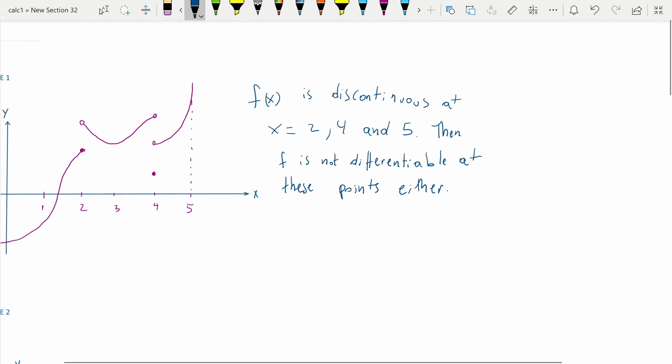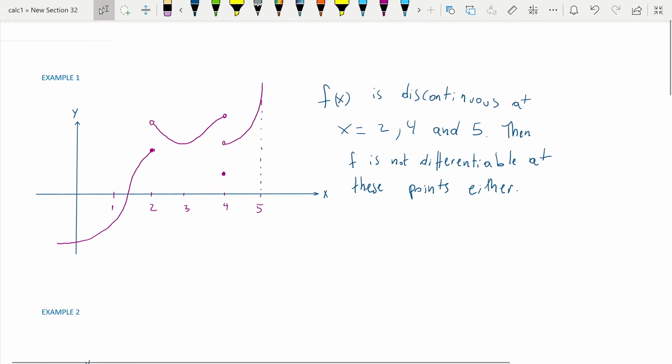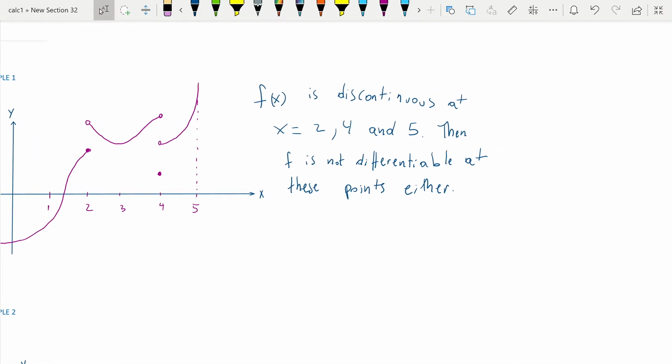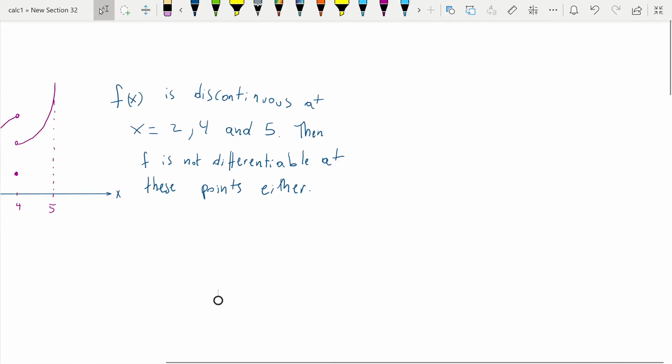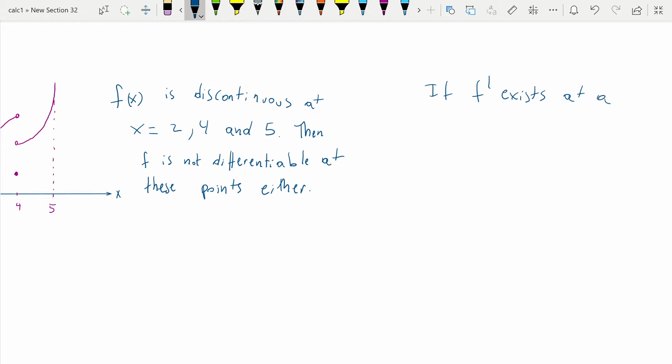So whenever you notice that there's a discontinuity in a graph, then the function will not be differentiable at the point. This is because if f prime exists at a point c, then f is continuous at the point.